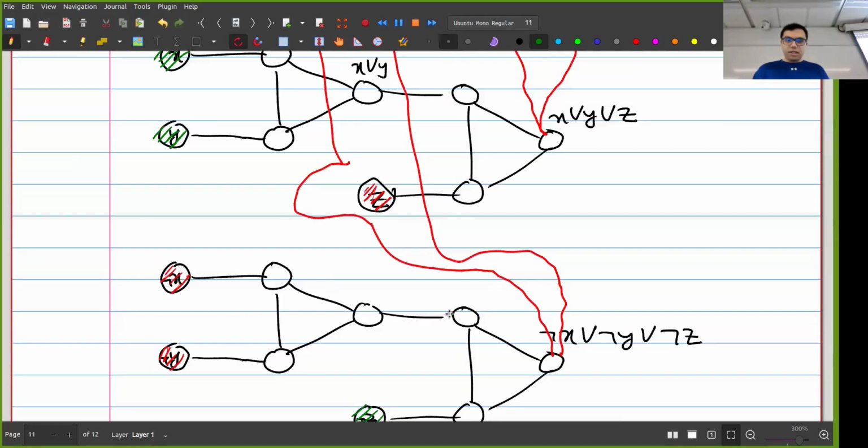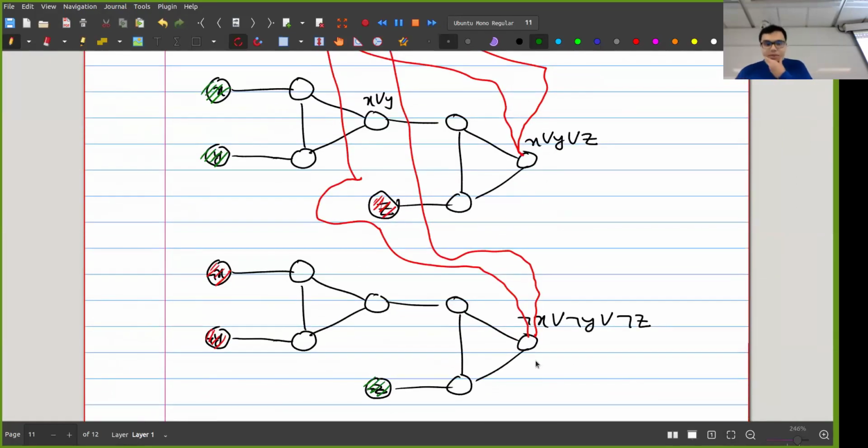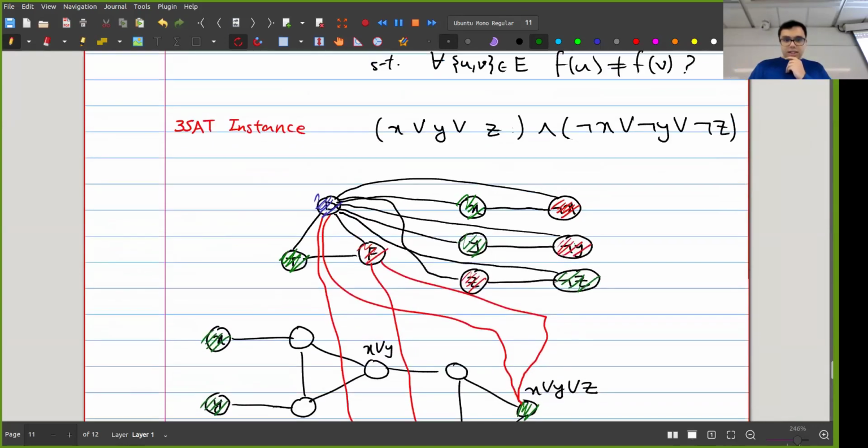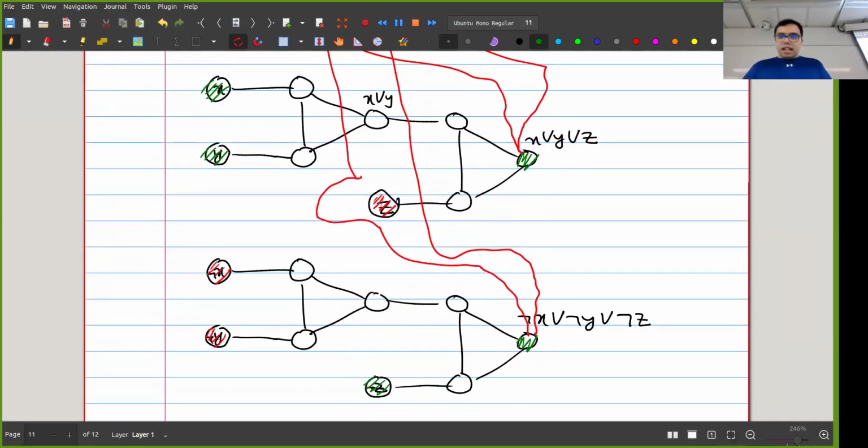Not Z is green. Okay. I have to still assign colors to the rest of them. So let's see. I want to assign green to this one and green to this one because they already have red and blue as their neighbors. And now this one has to be blue. This one has to be red.